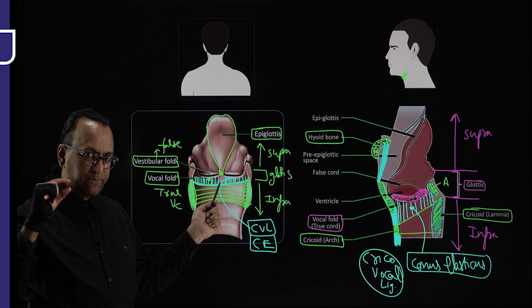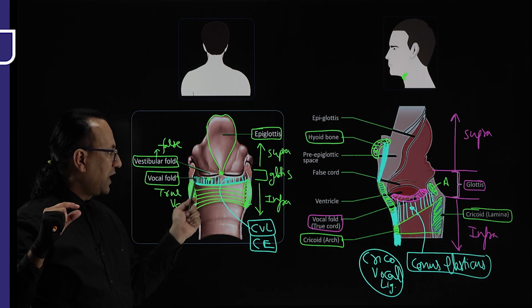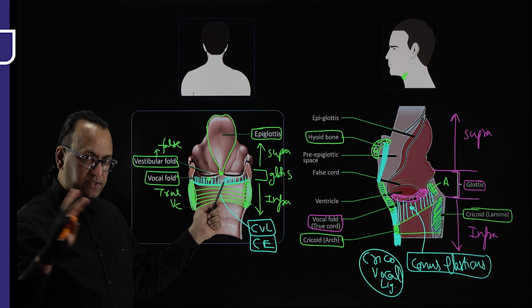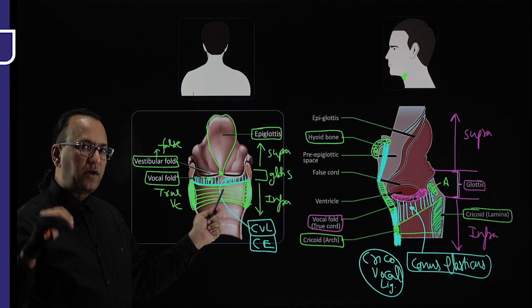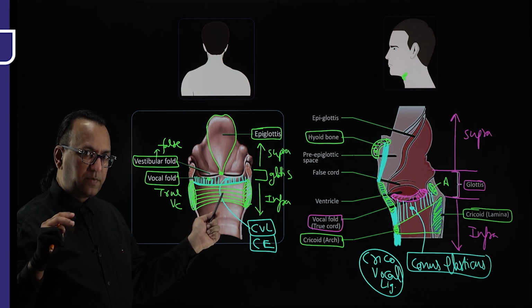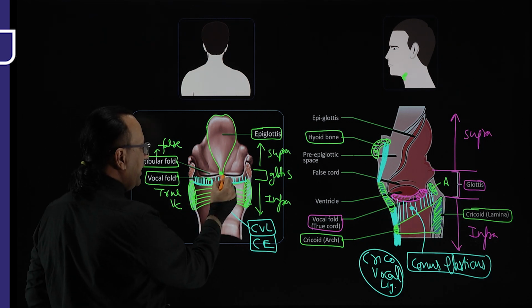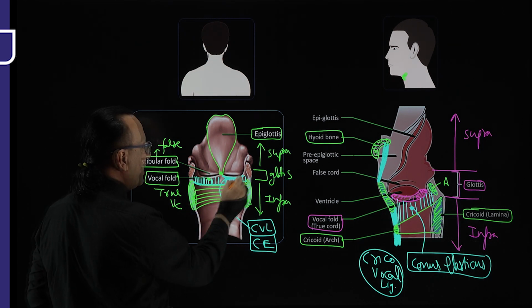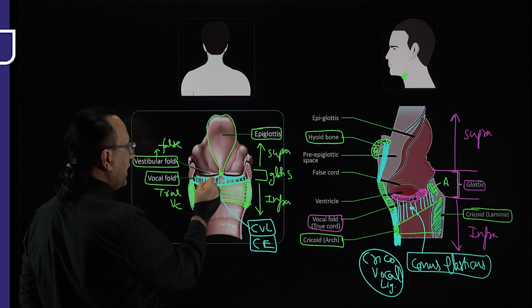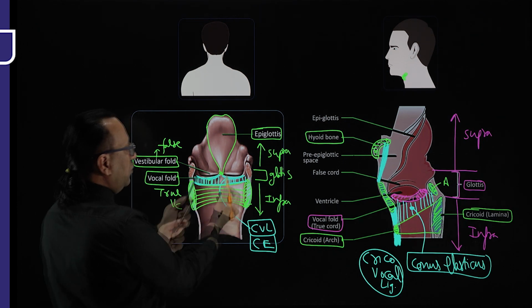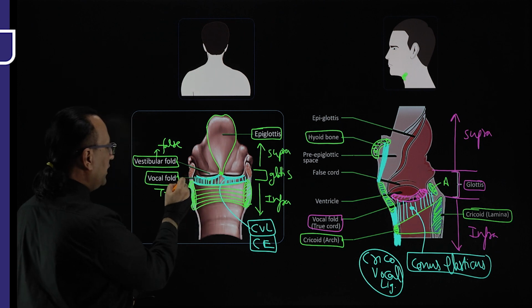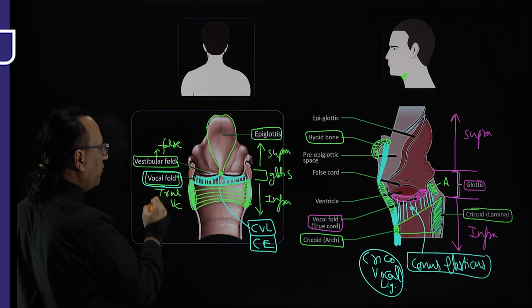You can say submucosa. So under the mucosa, in the submucosa, there is a fibroelastic membrane made up of collagen fiber, elastic fibers, more of elastic fibers, hence the name elasticus. So it has one upper free end, and that upper free end of the conus elasticus, that upper free end of the cricovocal ligament is forming the true vocal cord or the vocal fold.